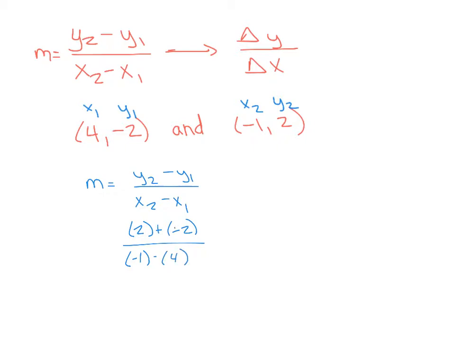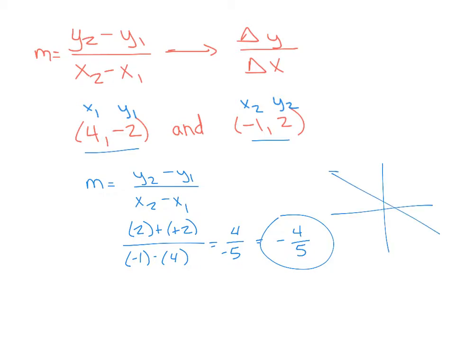These two negatives change to positives, and we get 4 over -5, which is -4/5. So because this slope is negative, the line that has these 2 points in it is going to run as a negative slope. Okay?